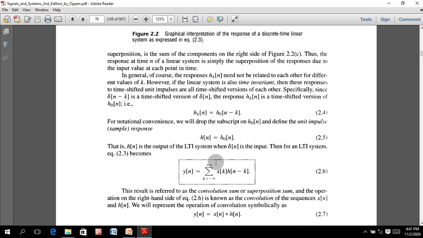are very much alike. Now in the earlier lecture we realized that y of n can be written as the summation of k from minus infinity to plus infinity of x of k into delta of n minus k.